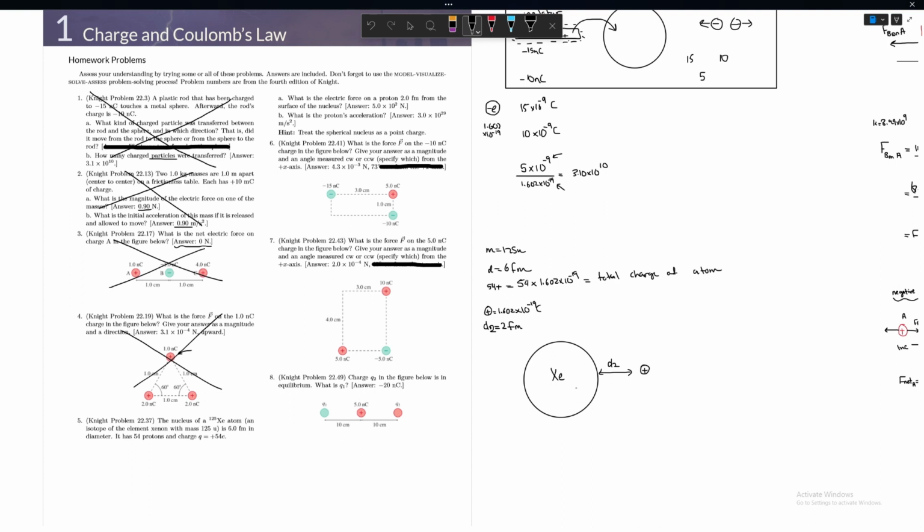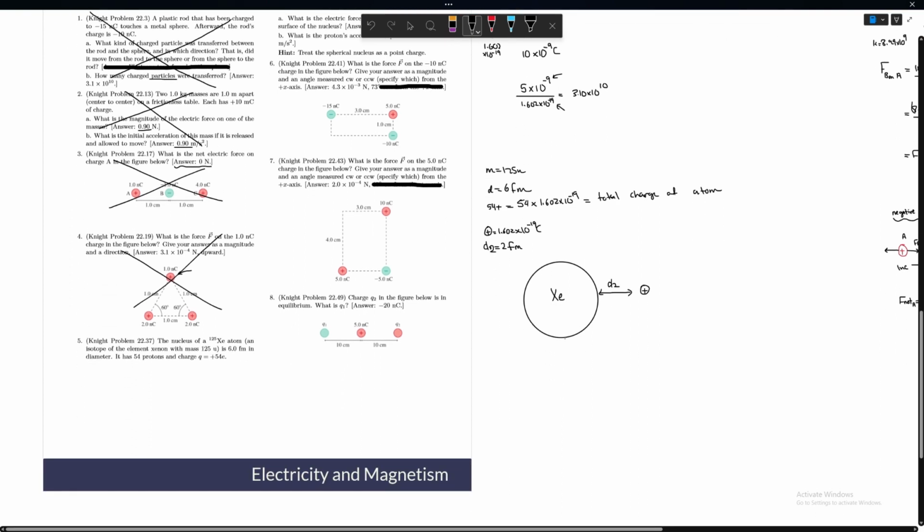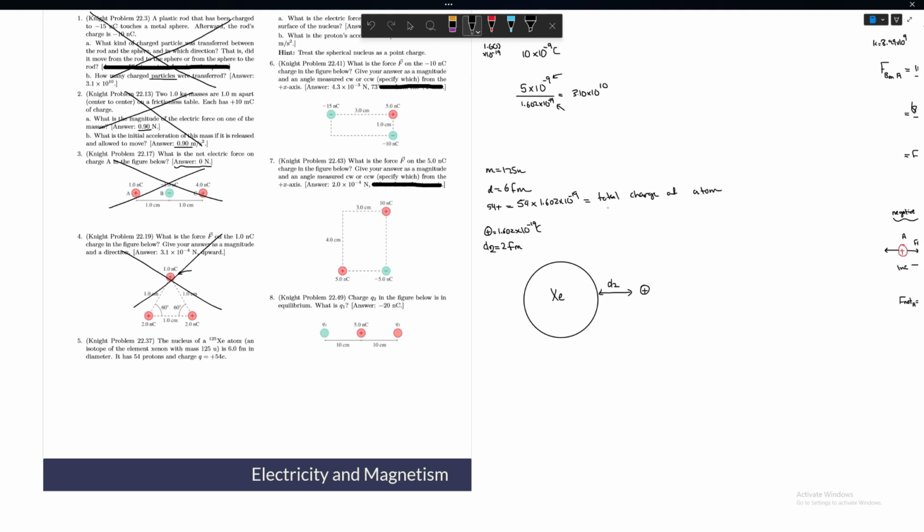The question is, what is the electric force? We have this whole thing with some huge charge, the total charge, so we're going to call this Q1. This one is a little charge, Q2. Q2 of a proton is 1.602 times 10 to the negative 19 coulombs, and our Q1 is whatever you get here.